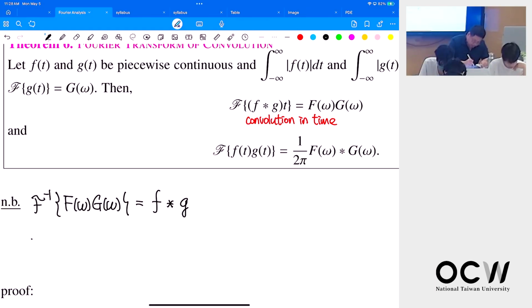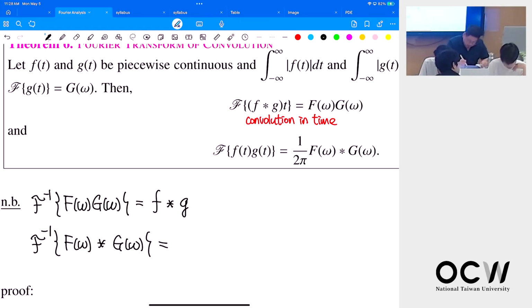And also, if in the frequency domain I do the convolution, then in the time domain I have a multiplication.